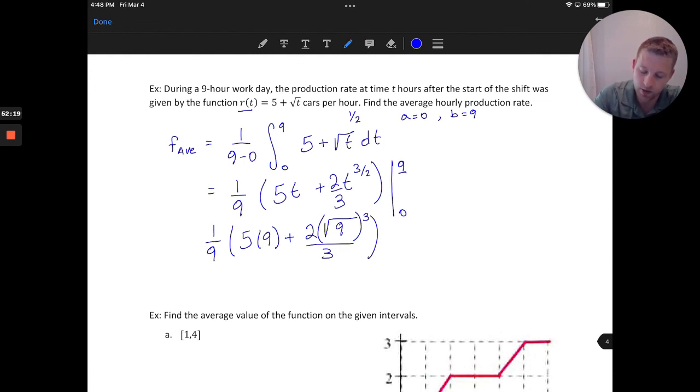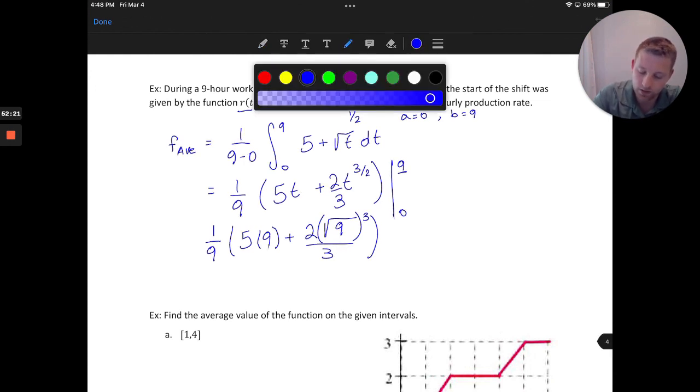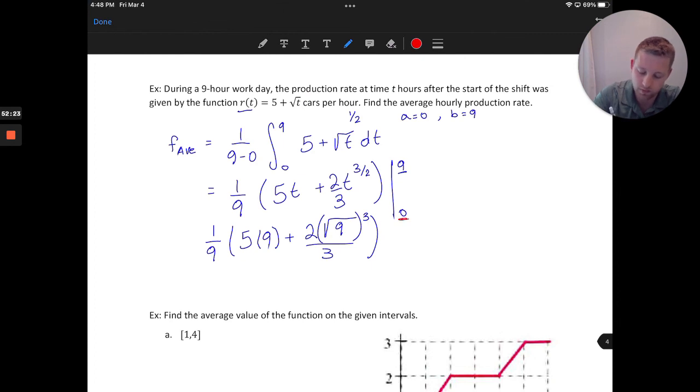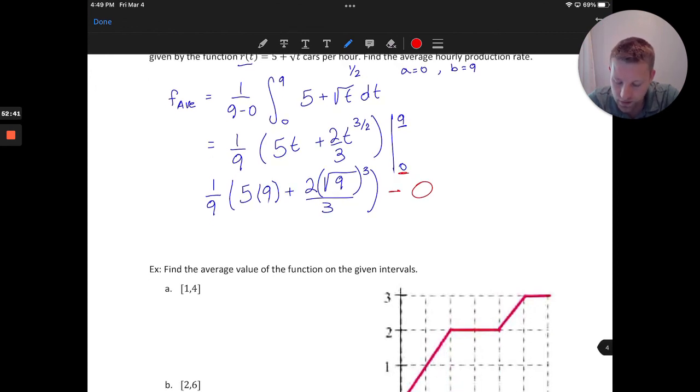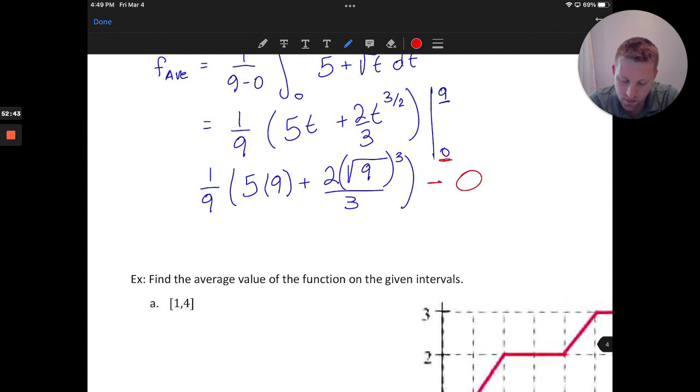That would be our evaluation at 9. When I look at that evaluation at 0 to subtract, notice that if t is equal to 0, none of this actually survives, and we'll all just have zeros. So we just have kind of subtracting by a big 0 on the end of that evaluation. So let's just take a look at what remains here.